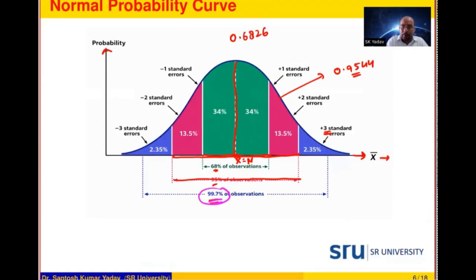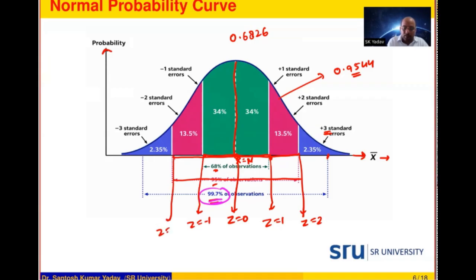So again here, if you see, these points are z equal to 0 and z equal to 1, and this point is z equal to 2, and the last point is z equal to 3 sigma, and on this side we have z equal to -1, here z equal to -2, and here z equal to -3.